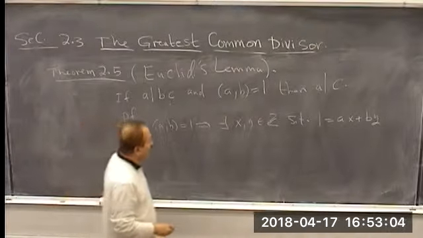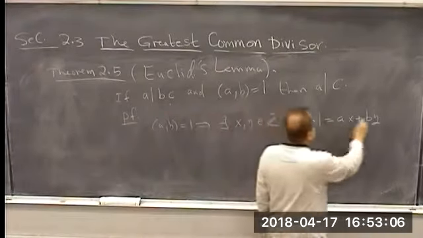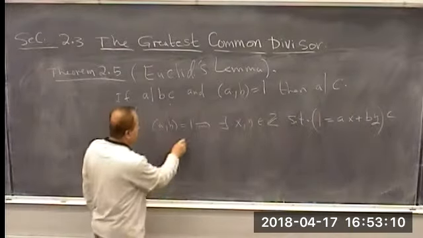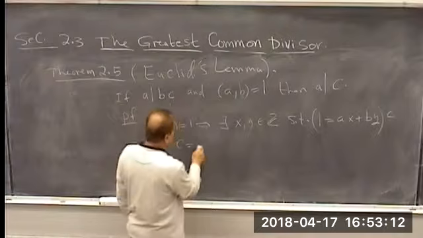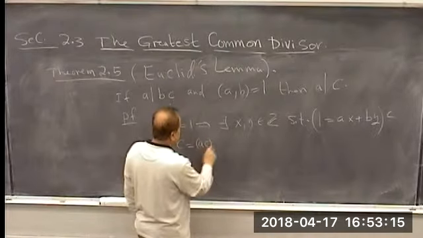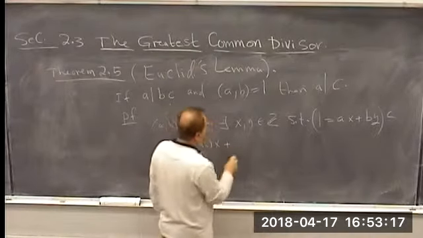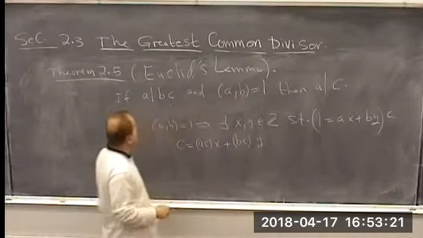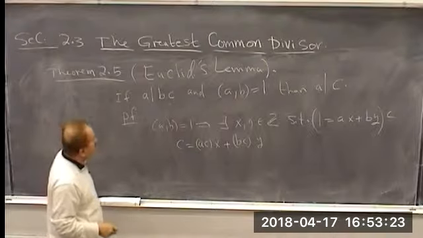Again, let's multiply this by C. So we get C is equal to ACx plus BCy.